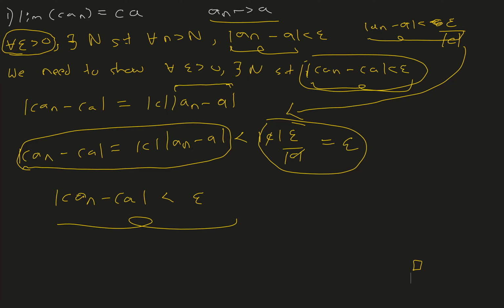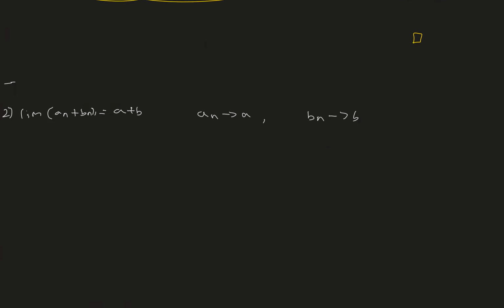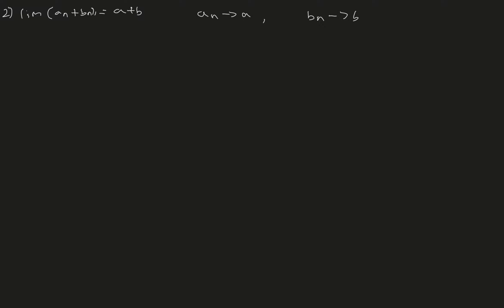We can make it less than c epsilon, less than epsilon over c, less than 7 epsilon, less than epsilon over 1,000. Since we're told that an converges to a, we can make it less than whatever we want. So let's go ahead and prove the second one.